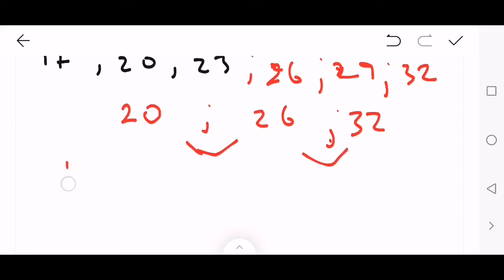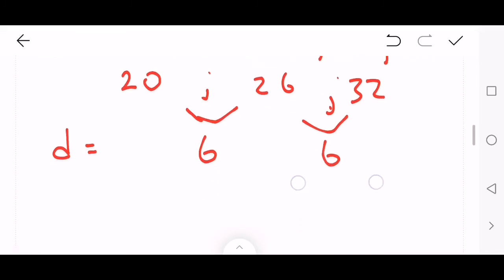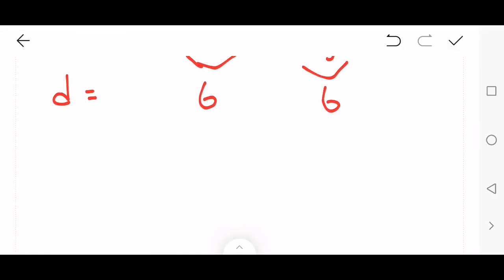So now we need to get the common difference for these. So D will be equal to 26 minus 20, that's 6, and 32 minus 26, that's 6. So now we need to get the general formula for this new even sequence that we have.